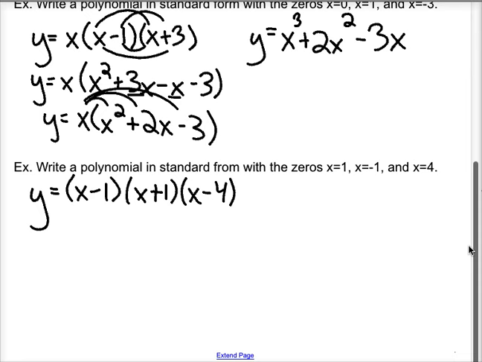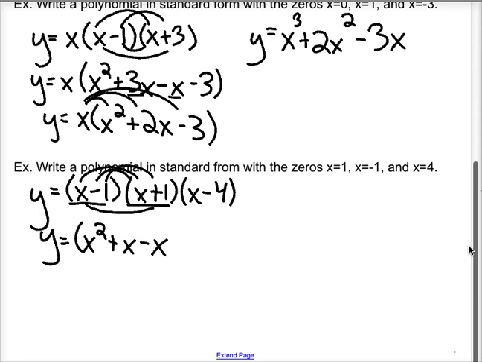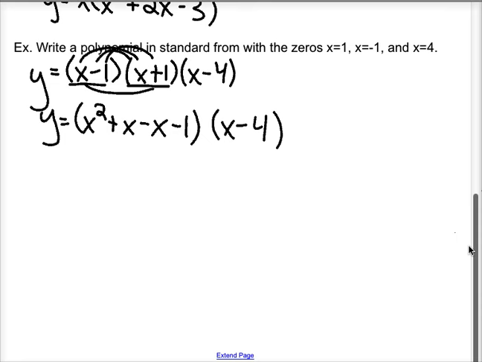What I mean by that is I'm going to focus on these 2 that have opposite signs, because something kind of cool happens when they have opposite signs. So watch what happens when I FOIL these out. X squared plus x minus x minus 1. Then I still have the x minus 4 sitting at the end.